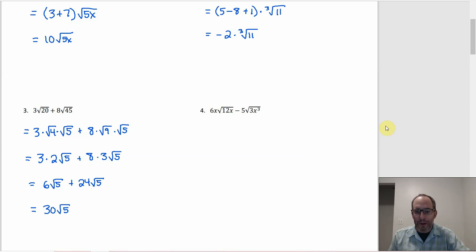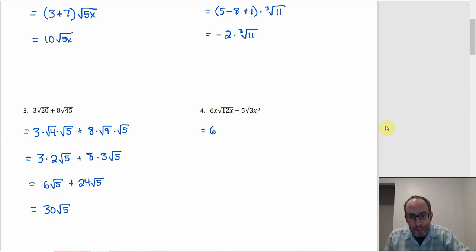All right. Number 4. We're kind of playing the same game with number 4, except that now there are x's underneath the radicals. But we're still kind of doing the same thing. So like with the square root of 12x, you can say, all right, well, we can't do anything with the x, but the 12 is divisible by 4.